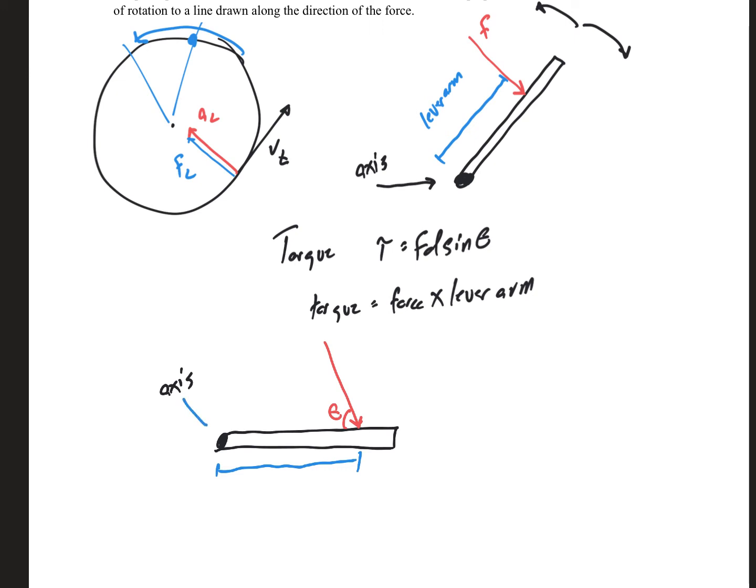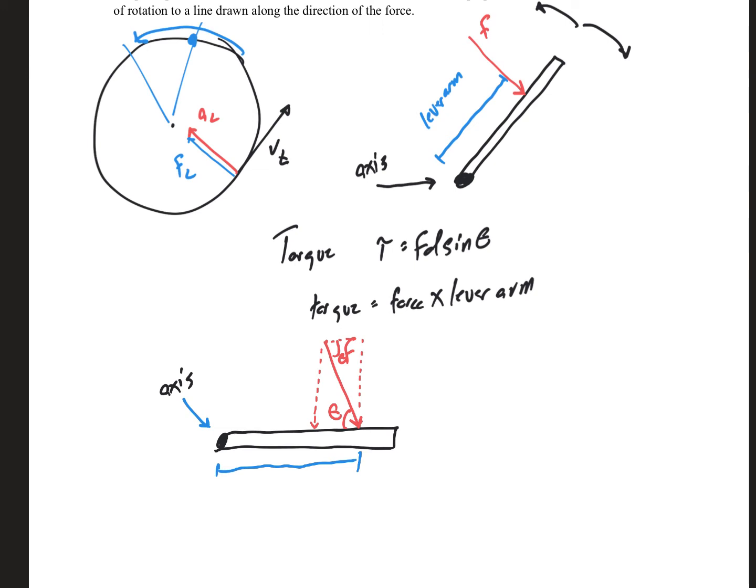The axis of rotation is still sitting right here. Here's my force. So what we're looking at is only this vertical piece here, and the way we draw that angle, it'll be that angle right in there. So it's that vertical piece. That's the only thing that causes rotation.